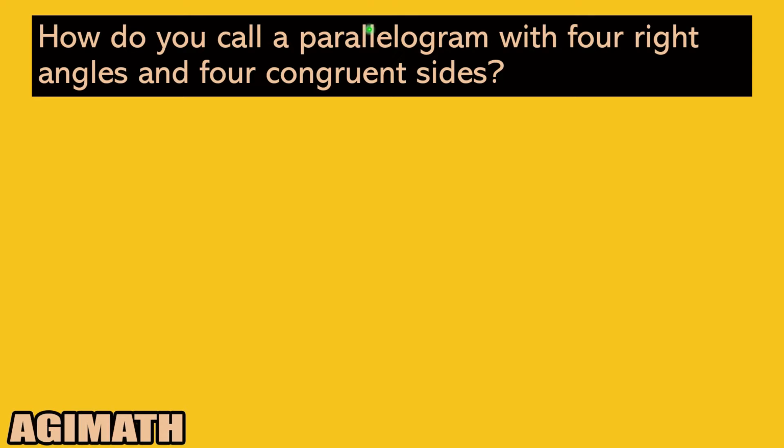By definition, a rectangle has four right angles. And the next is a rhombus. A rhombus has four congruent sides. But in the question, we are looking for four right angles and four congruent sides. And that is actually the square, a combination of the properties of a rectangle and a rhombus: four right angles and four congruent sides. So that is a square.